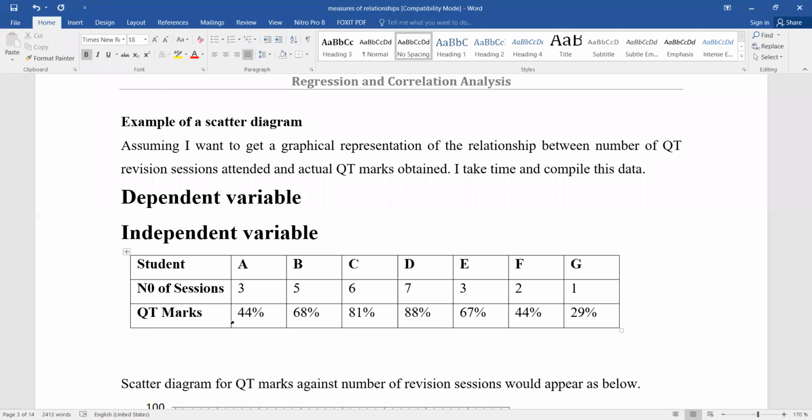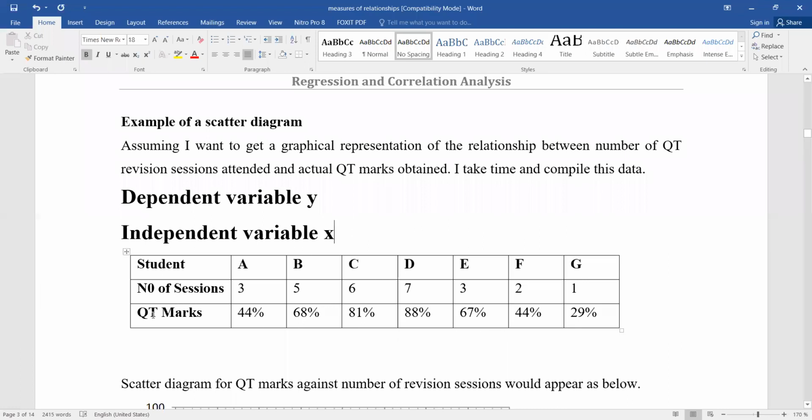I'm waiting for the answer. Marks depend on the number of sessions. So the dependent variable is normally associated with y, and the independent variable is normally associated with x.